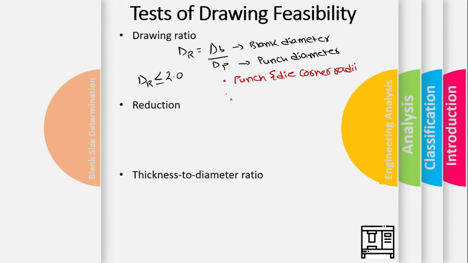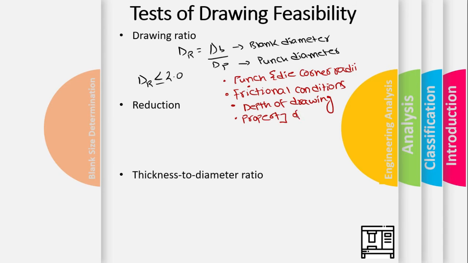Then second one, frictional conditions, then the third one is the depth of the drawing operation, and the properties of the material itself. You can write this as well: property of material, whatever material we are drawing.